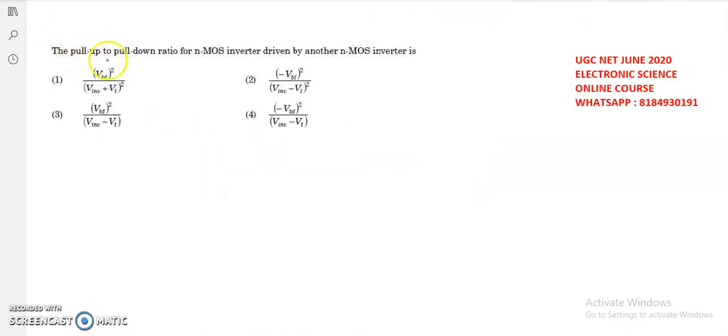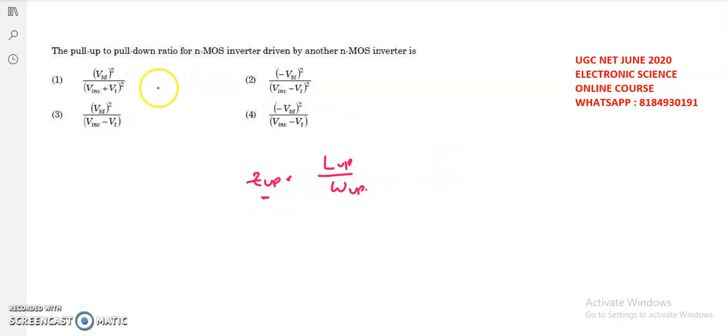And coming to the next question, the pull up to pull down ratio for an NMOS inverter driven by another NMOS inverter. Generally the pull up ratio can be given as L_PU by W_PU, that means the length by width ratio can be given as pull up to pull down.